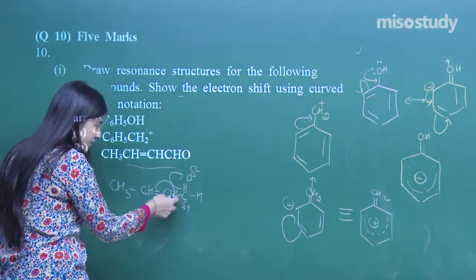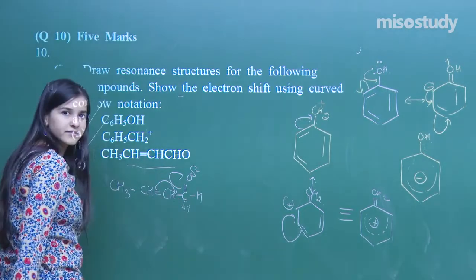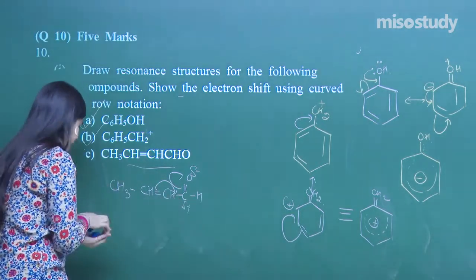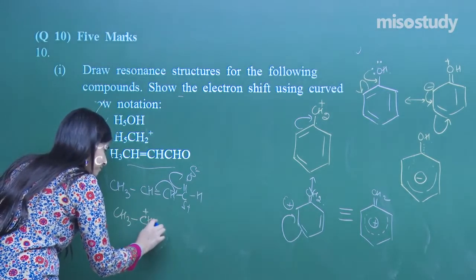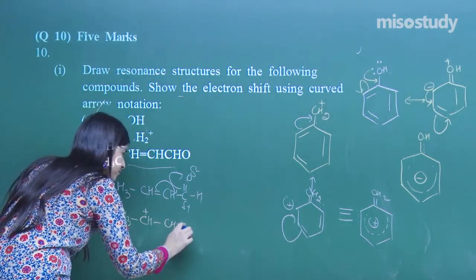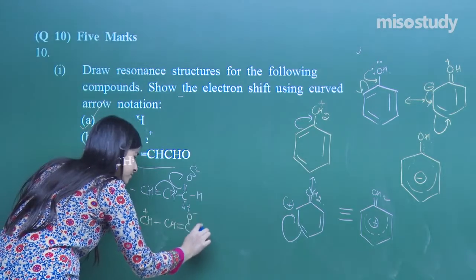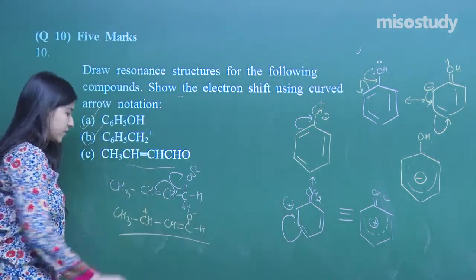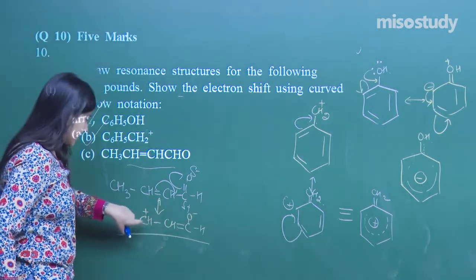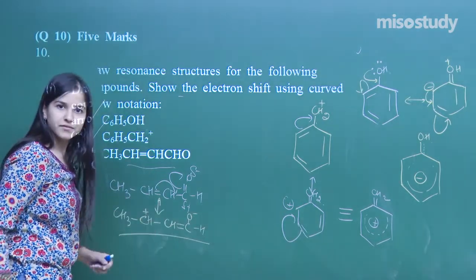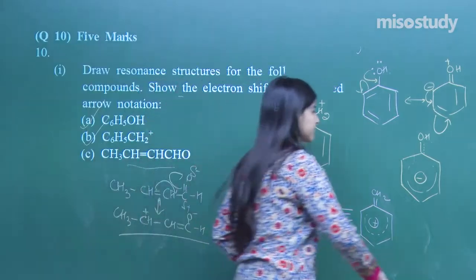So double, single, positive, and that is how the resonance structure goes. That is another resonance structure, and this will be very unstable because it has charge separation. Clear? Let's move on further.